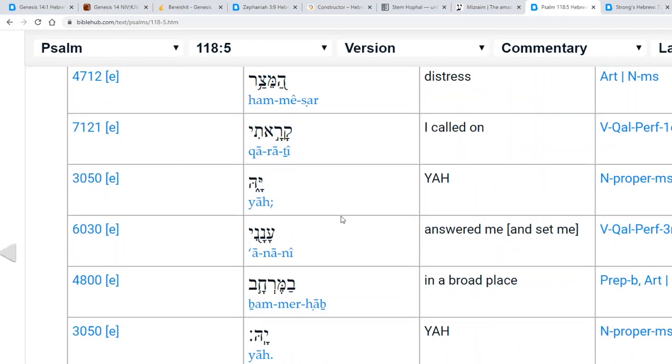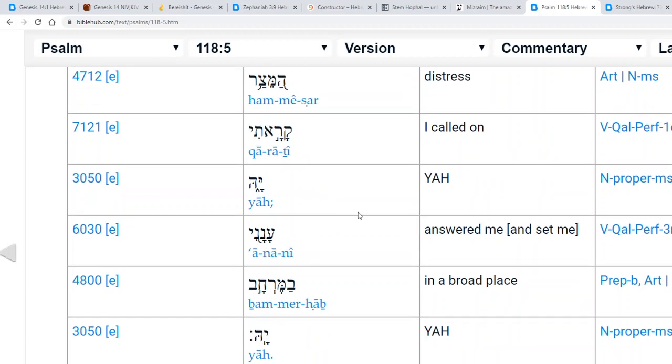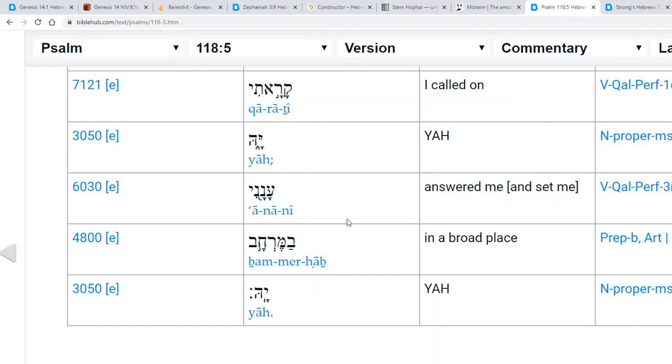I'm changing the yud to a k because we don't want to say God's name for no good reason. Although we're studying the Bible, so that is a good reason. But still, we want to be respectful of the name and not use it too much. So karati ka, I called to God.